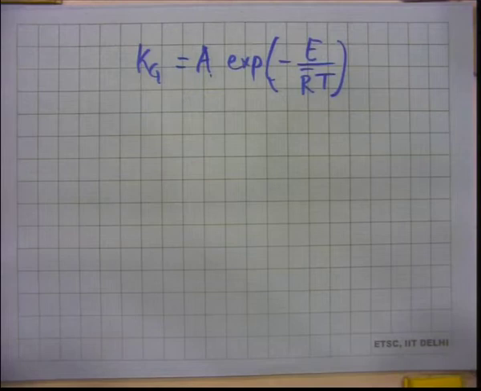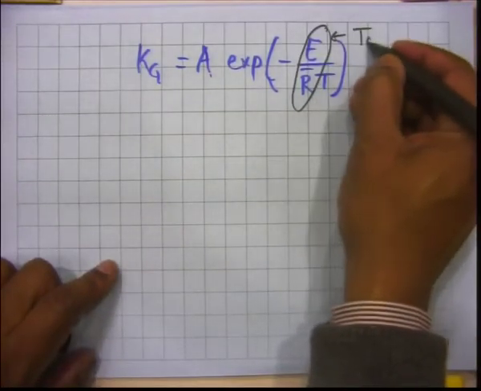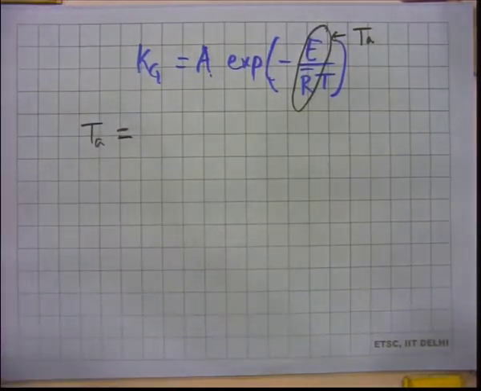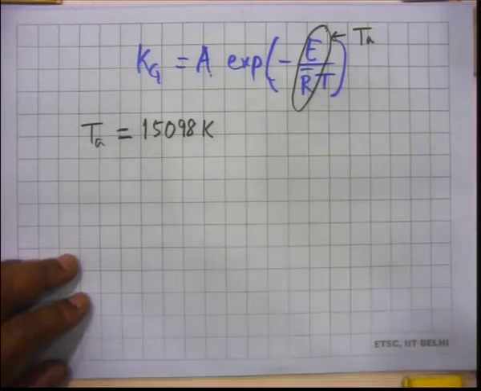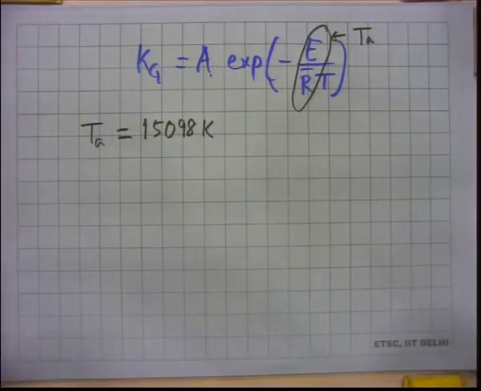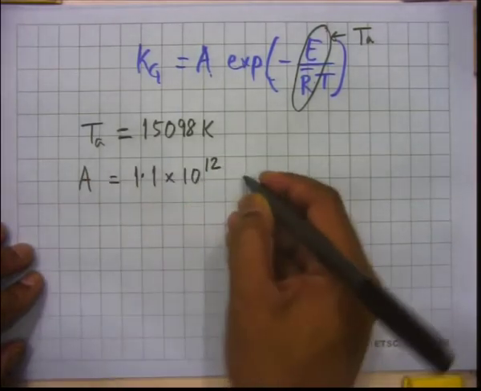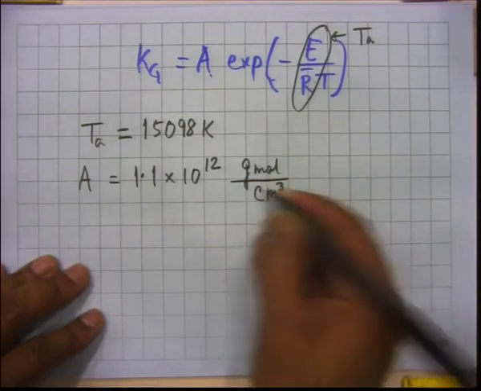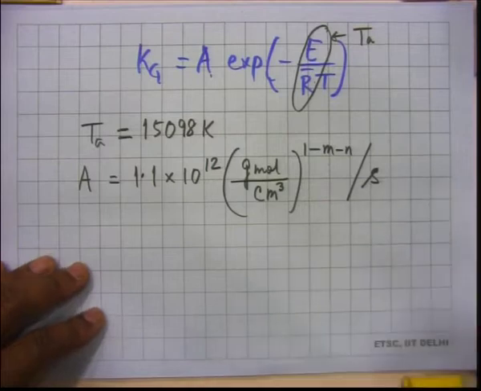Now, if you go to table 5.1, it gives us this quantity, which it calls TA, and how much is this? I wrote it yesterday, isn't it? 15098. So, this is 15098 Kelvin. That is easy, so you have that here from the table. Now, for A, the value given is 1.1 times 10 to the power 12 gram mole per centimeter cubed to the power 1 minus m minus n, and this is per unit time.